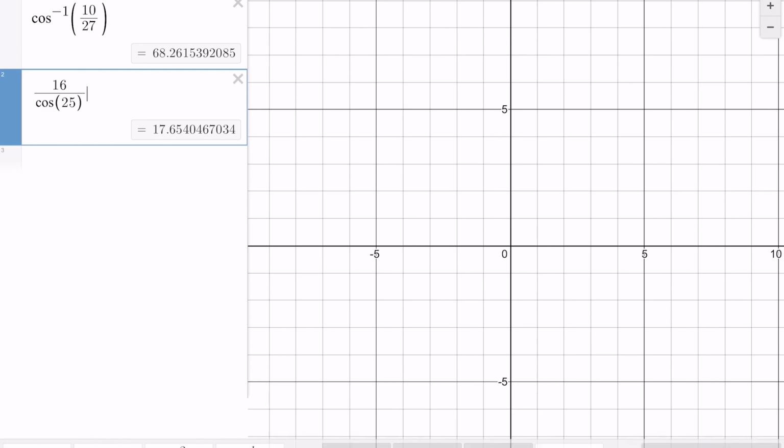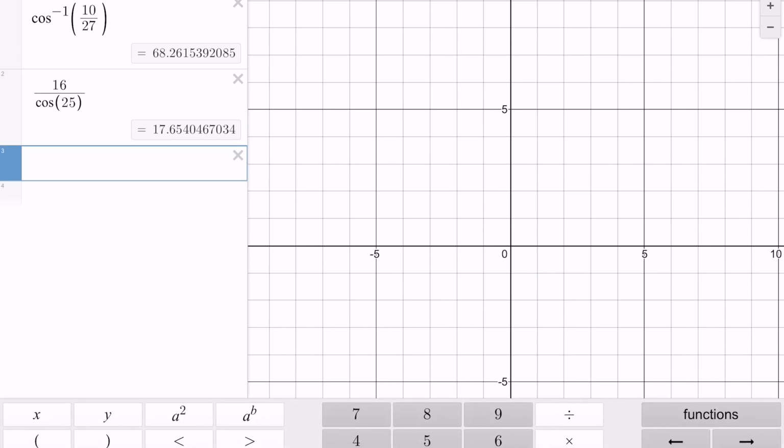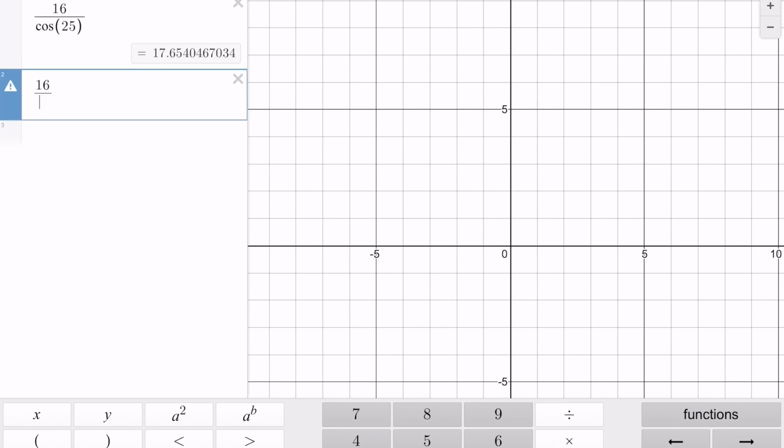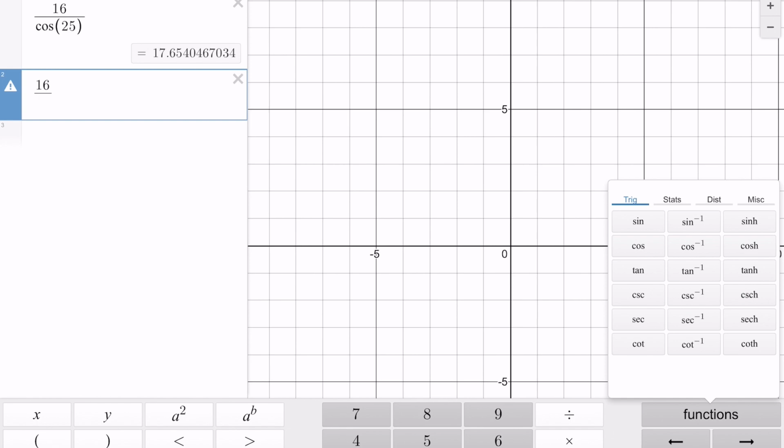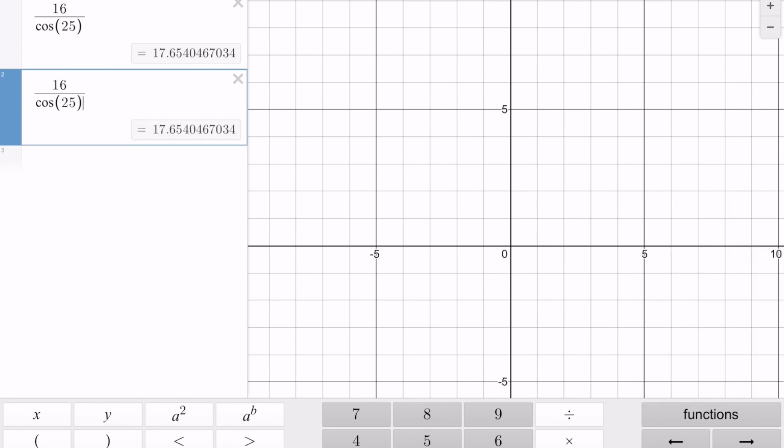So let's do that again. 16 divided by cosine. I just want to leave my work there so you can see it. So cosine of 25. And let's from there take away 17. So that number right there is what I need to work with to find out how many inches.